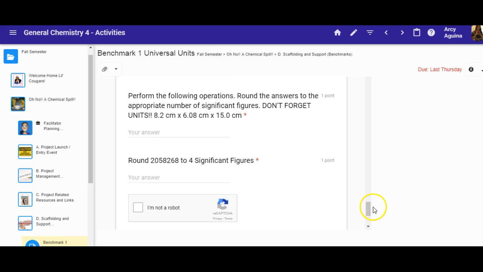Like this one, it's 8.2 times 6.08 times 15.0. These are all being multiplied, so whenever you multiply units, you need to write them in the correct form. For this answer, it'd be whatever the number answer is, centimeters cubed. If you didn't write centimeters cubed, that answer is wrong.